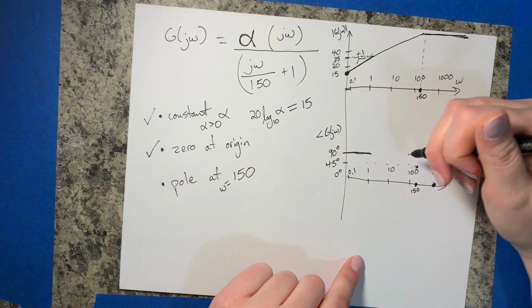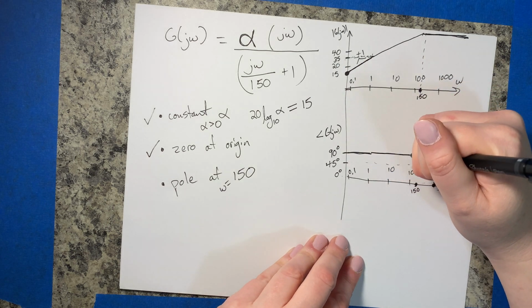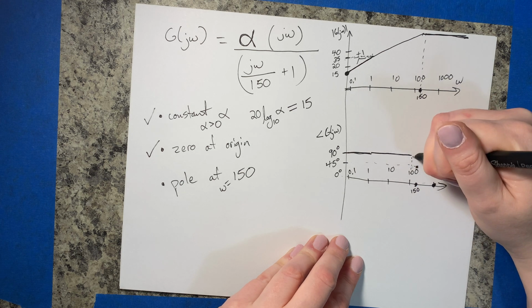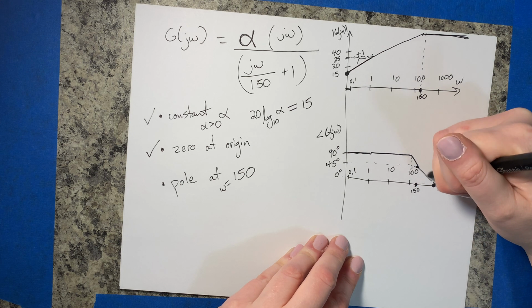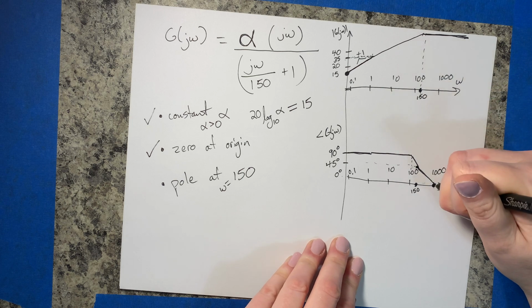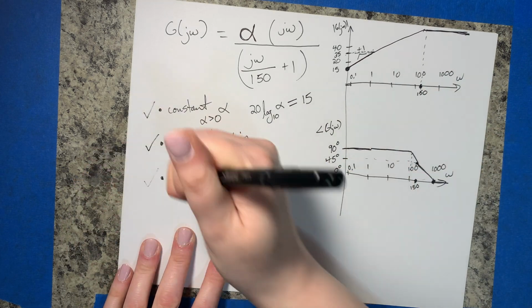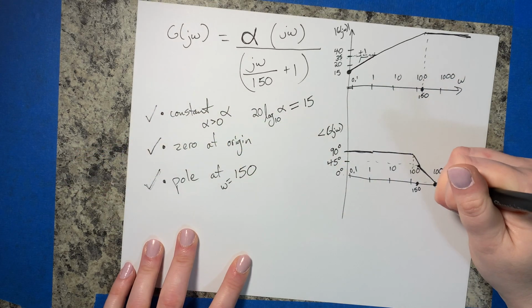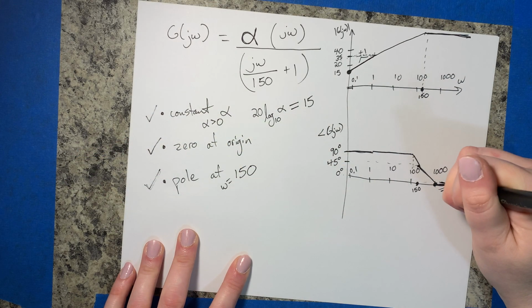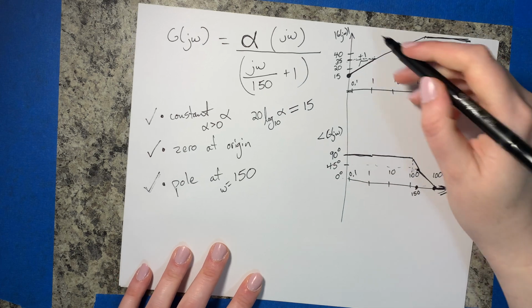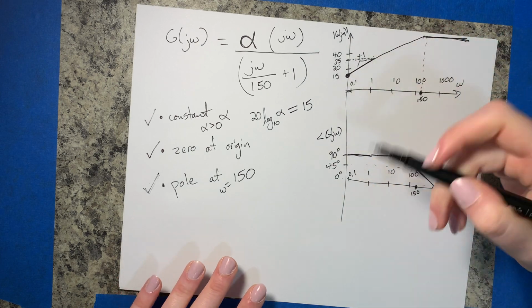We were already at 90. Let's continue this line till the start of the decade and then decrease just like that. And then from this point onward, since there is no more information, nothing else to graph, it stays at 0 degrees. Okay, and that's our completed estimate Bode plot for the phase.